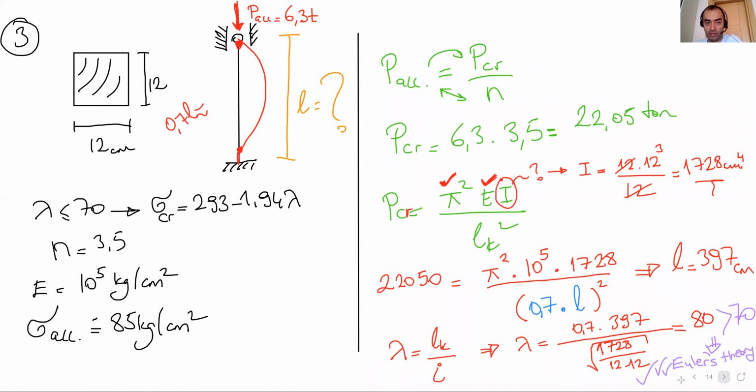This is the fourth example. Here is the section. We have a box section.